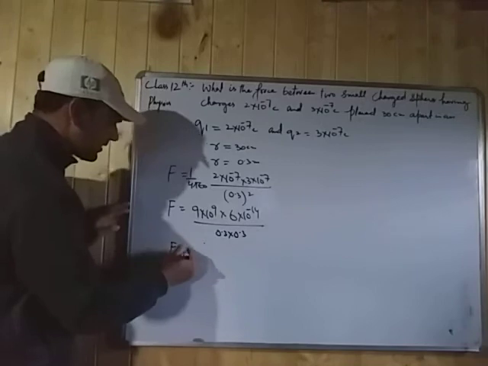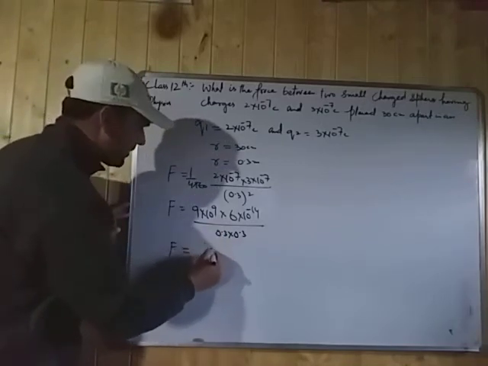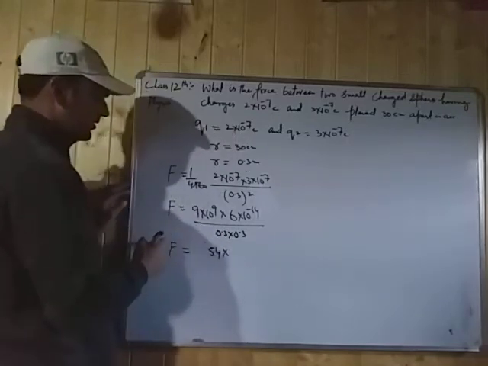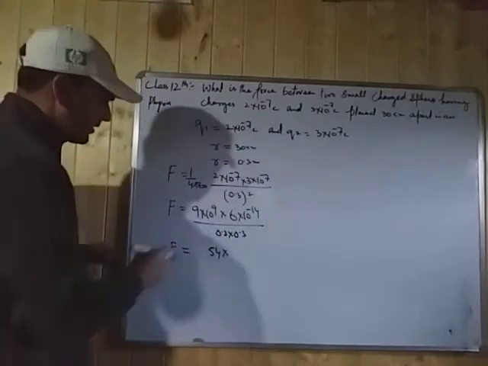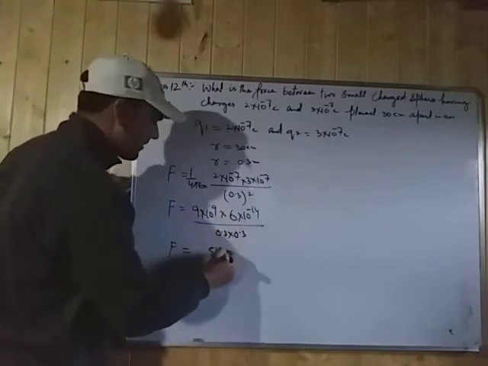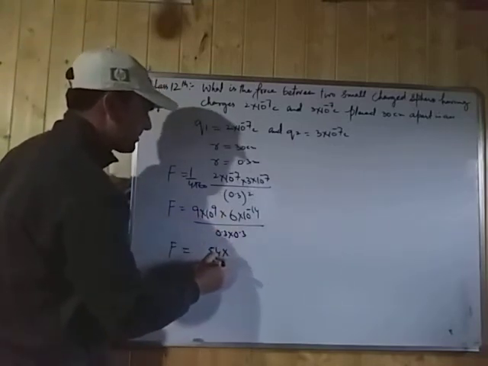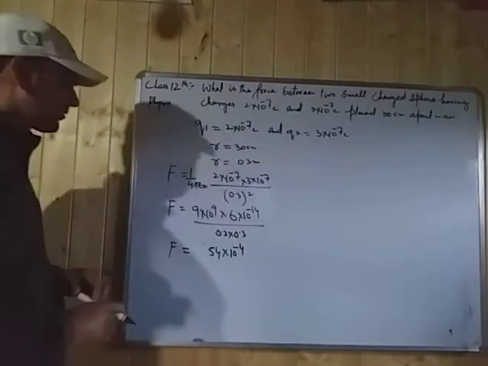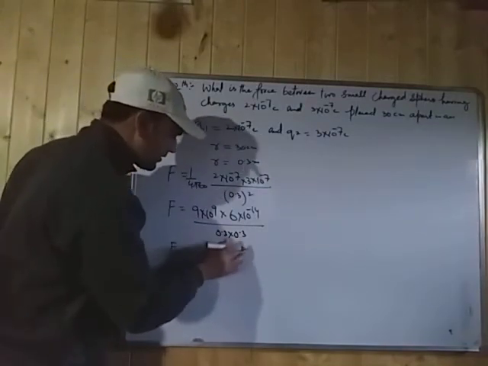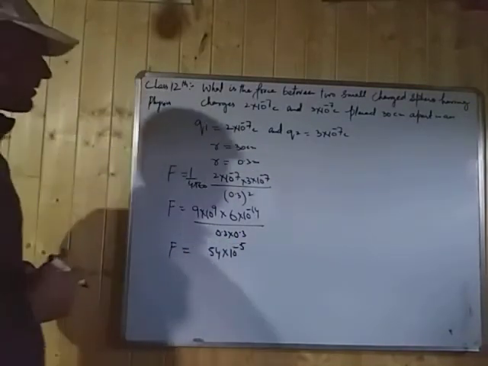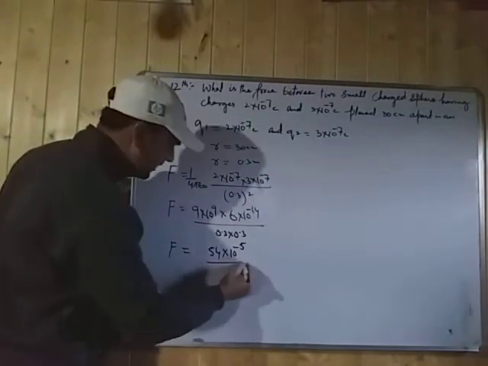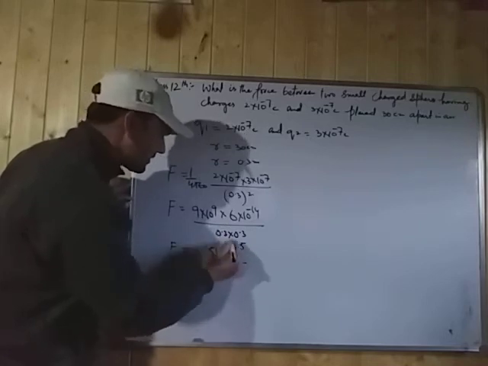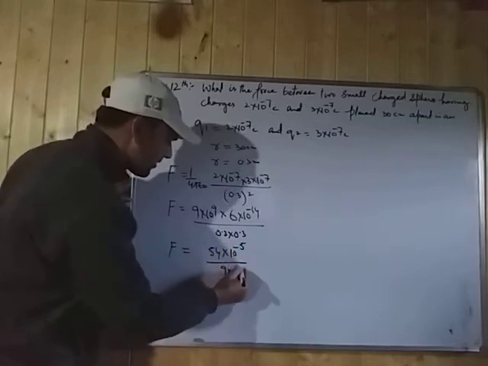So F is equal to 54 into 10 raised to power minus 5, divided by 9 into 10 raised to power minus 2.